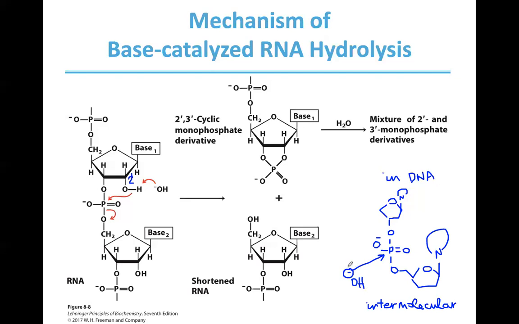The OH kind of swims around, and it'll take a while before it finds this phosphodiester bond. So this will be slow. So this will be DNA, and the reason for that is because there is no hydroxyl. There's a hydrogen here.